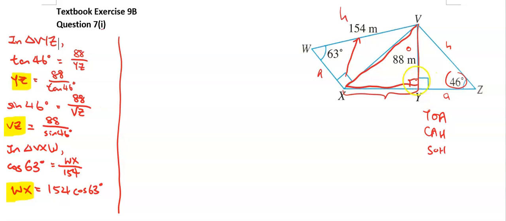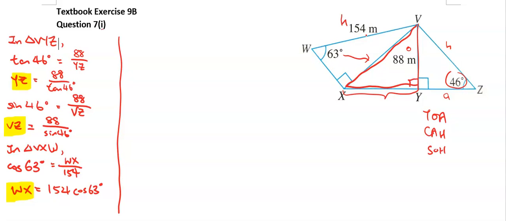We have a right angle here, and we know this side is 88. So in order to find XY, we can find VX. We can find VX using triangle VXW. 154 is the hypotenuse, so VX is opposite of 63 degrees.